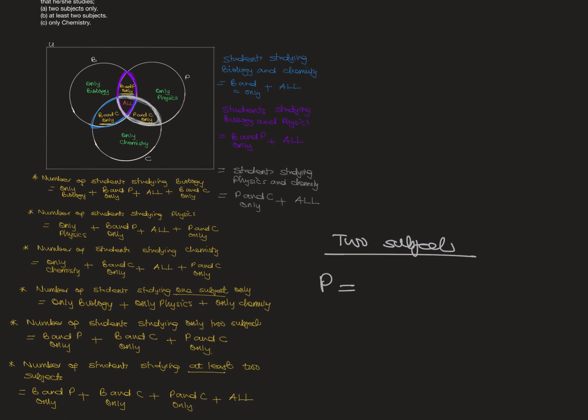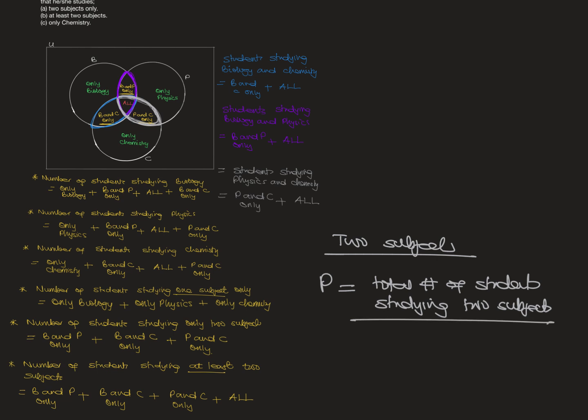The probability will be the total number of students studying two subjects, divided by the total number of students in the school, or the class, if at all we're talking about the class.